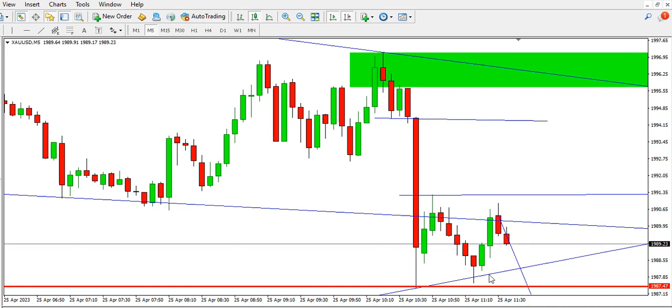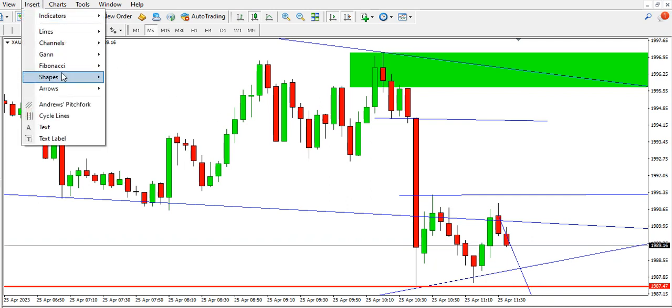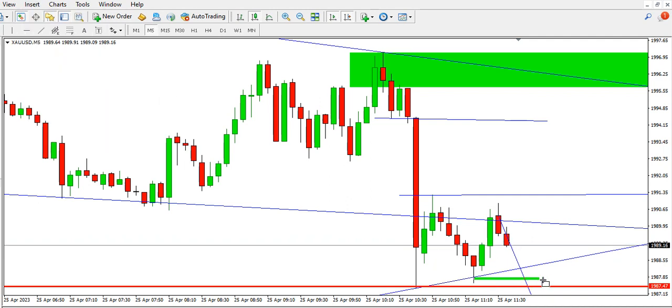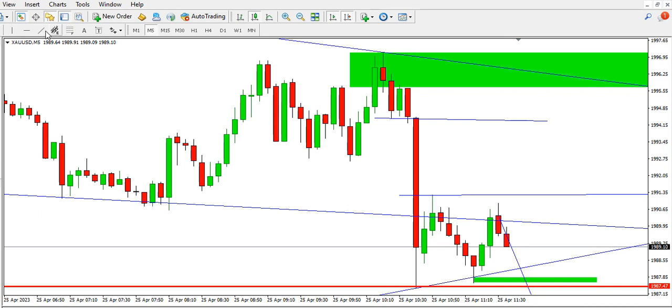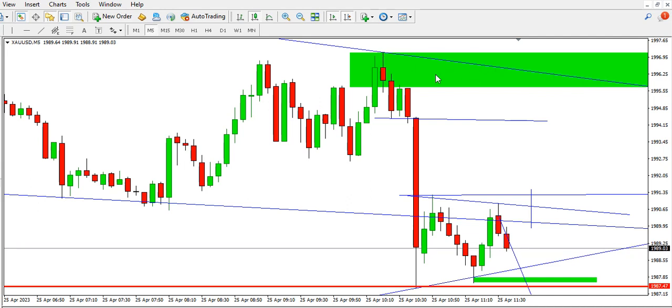But if the buyers are able to manage and hold around this point and send price back upward, and if this particular neckline that might possibly be formed is broken, the price breaks this neckline upward, then we might have a reversal back to this resistance trend line, this descending trend line around here. So that's that.